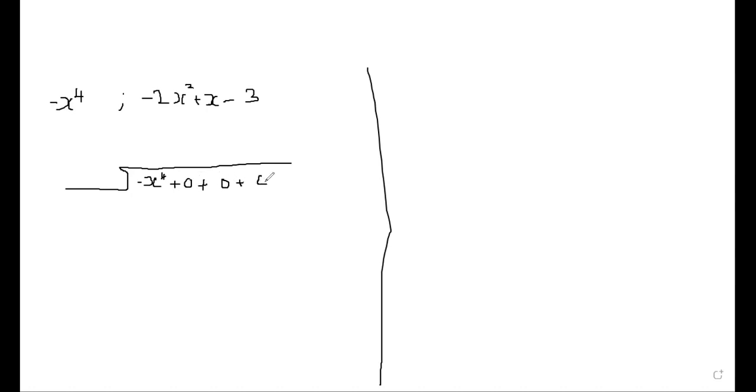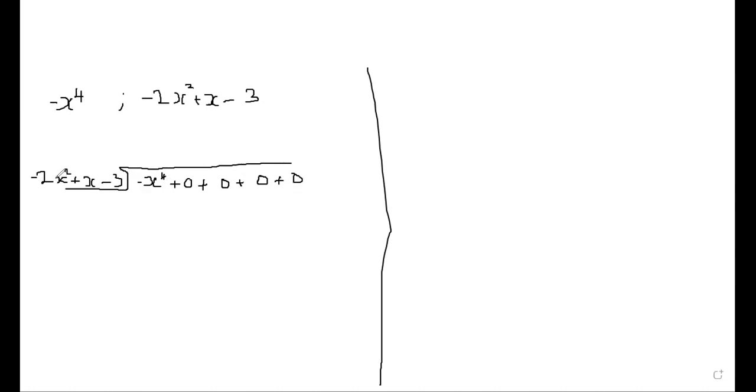So we need n plus 1 terms, which is going to be 5 terms. Then in this divisor, we have minus 2x squared plus x, and we have minus 3. So in dividing, we just look at the highest order, since the degree of this divisor is 2 and the degree of this is 4.